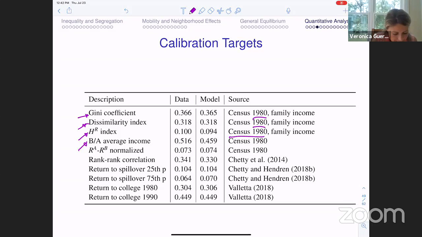Okay, and then we target the difference between rental rates in these two neighborhoods, defined as I did, normalized by the income in those neighborhoods.